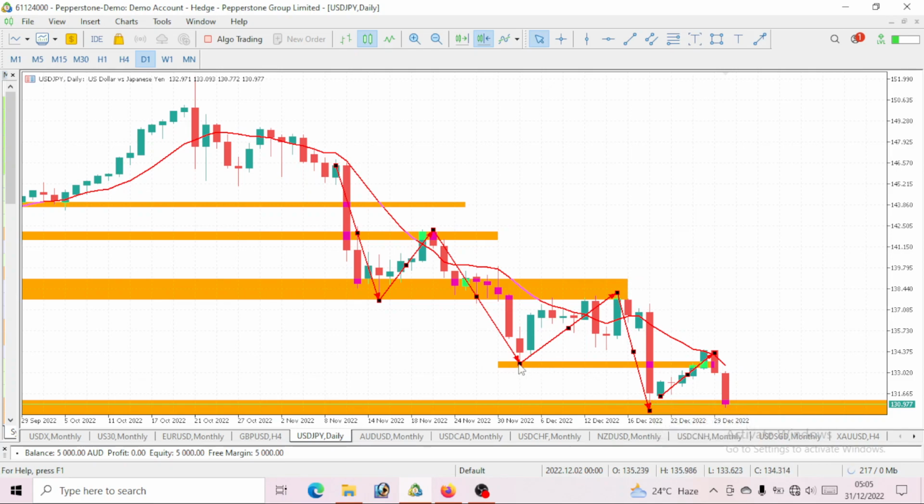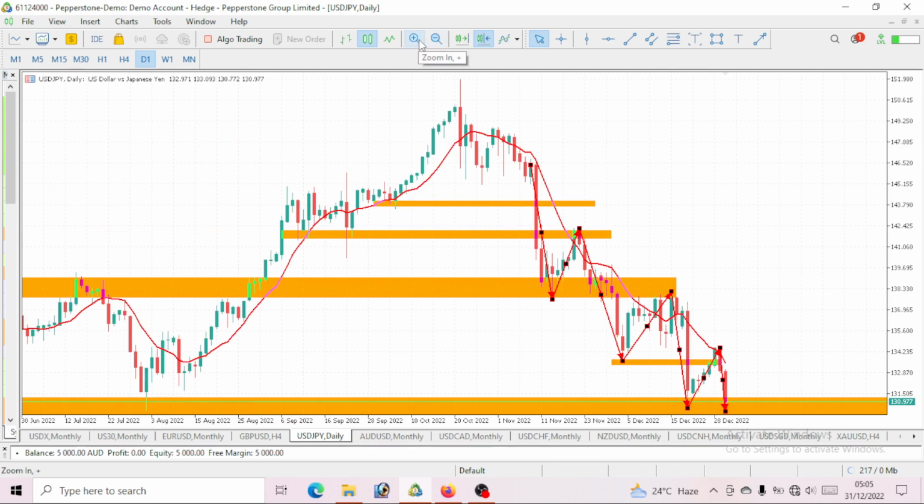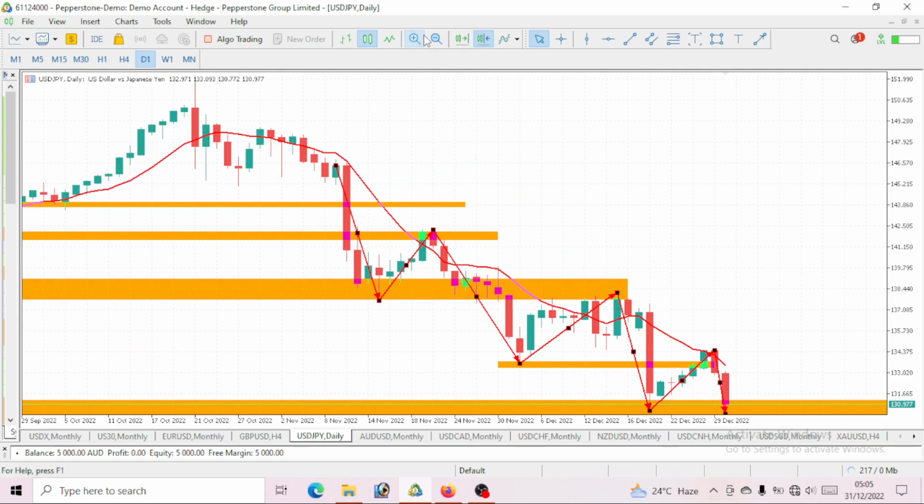You see this new lower low broke this previous low, right? Then this is a pullback. After this pullback, what do you expect? You are expecting a new low that will take out this previous low, right? That is a confirmation that more drop is to come on USDJPY this week.